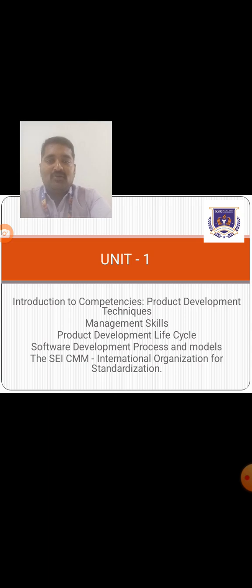Depending on the processes we follow, the type of model depends. And the SEI CMM model, then the International Organization for Standardization. We have all heard about ISO, right? Throughout the globe, internationally, certain rules are accepted for developing any tools or products.